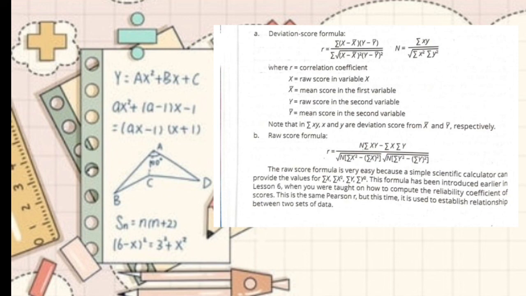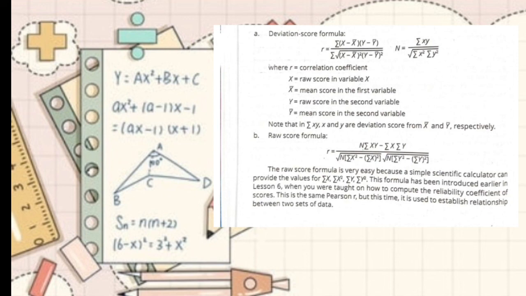The next formula is the raw score formula. The raw score formula is very easy because a simple scientific calculator can provide a value for X squared, Y, and Y squared too.